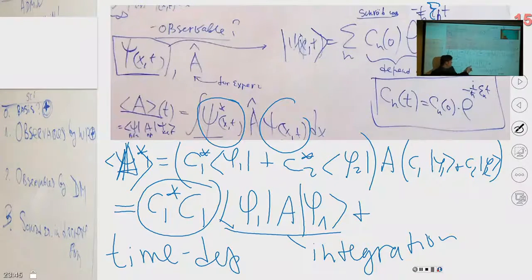You can just compute these integrals once and forever, record them in a file, or, if we do it by pen and paper, just write a little table. If it is like a 2 by 2 matrix, we can write the numbers, and then plug them in at each point of time.